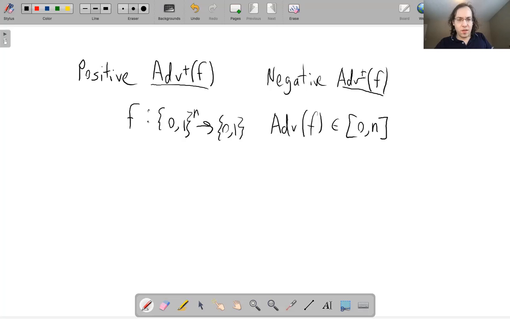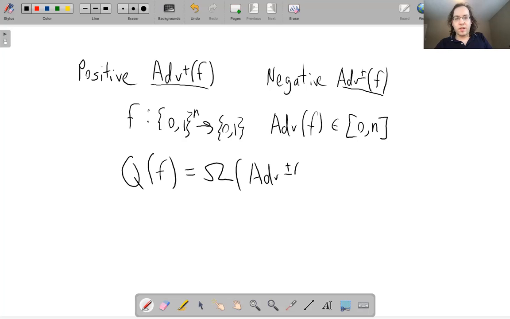And these measures satisfy basically the following: Q of f is omega of adv plus minus of f, and adv plus minus of f is at least adv plus of f.